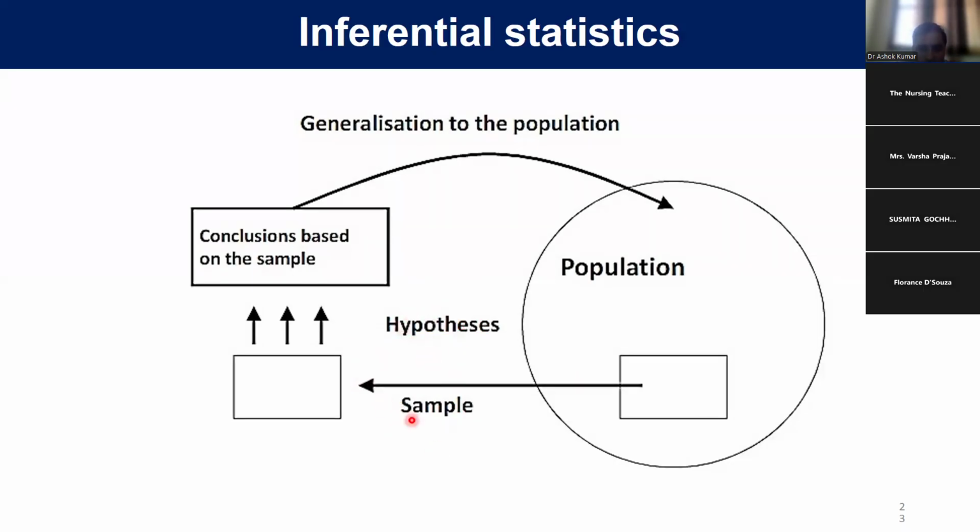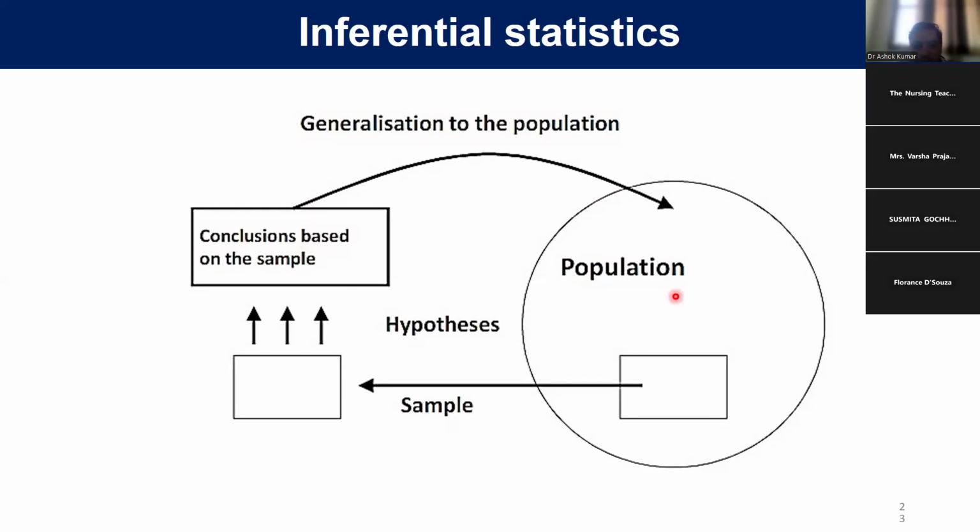On the basis of this sample, we perform some test to assess the hypothesis, which is called hypothesis testing. On the basis of this test, we reach a conclusion from this sample. And after the conclusion or results, we generalize these results to our population. So it is called inferential statistics.